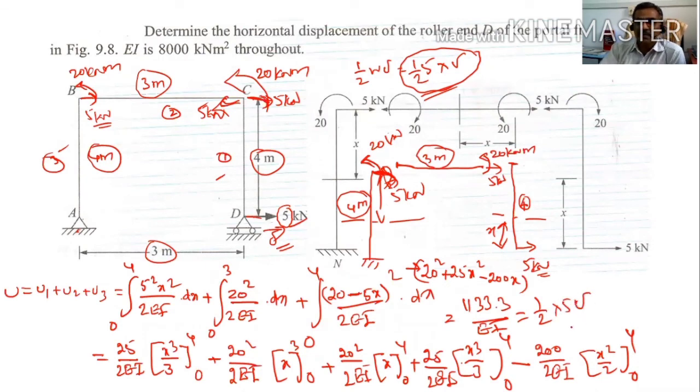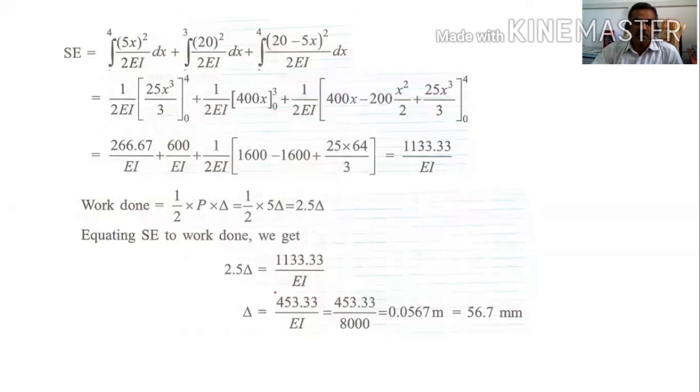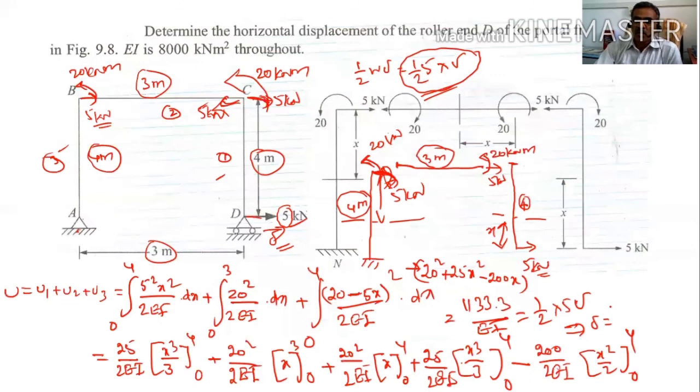From this you can find the value of delta. Delta is equal to 453.3 divided by EI. This is the value of delta.